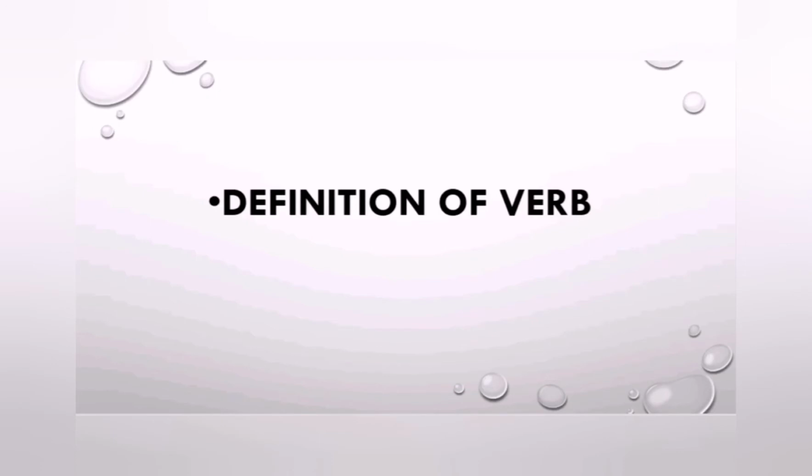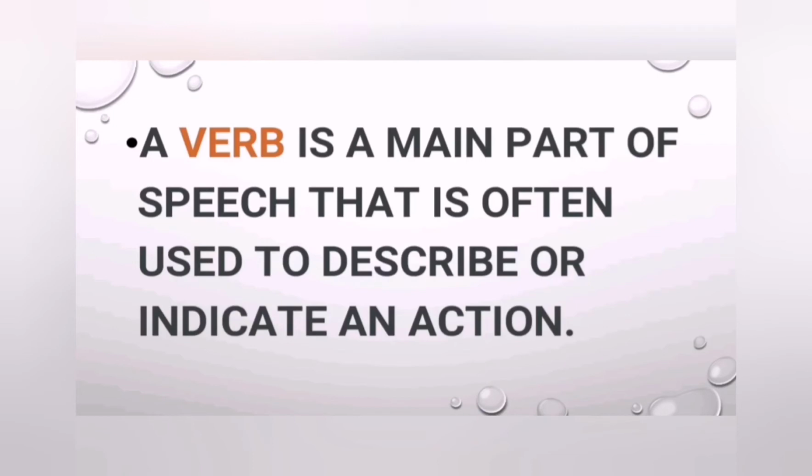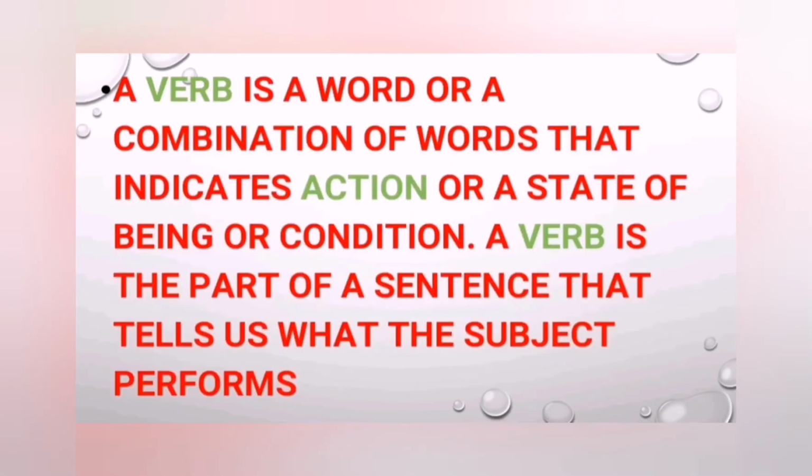Let's come to the definition of verb. A verb is a main part of speech that is used to describe or indicate an action. Let's come to the explanation. A verb is a word or a combination of words that indicates action or a state of being or condition.